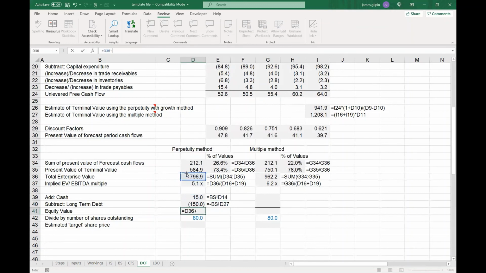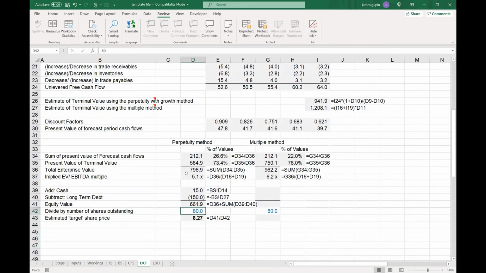Total enterprise value plus the sum of cash and take off the debt. And then if I had a number of shares, I can then just divide by the number of shares to get to an estimate of the price per share for the company. And then I can just make the same adjustments for the multiple method.